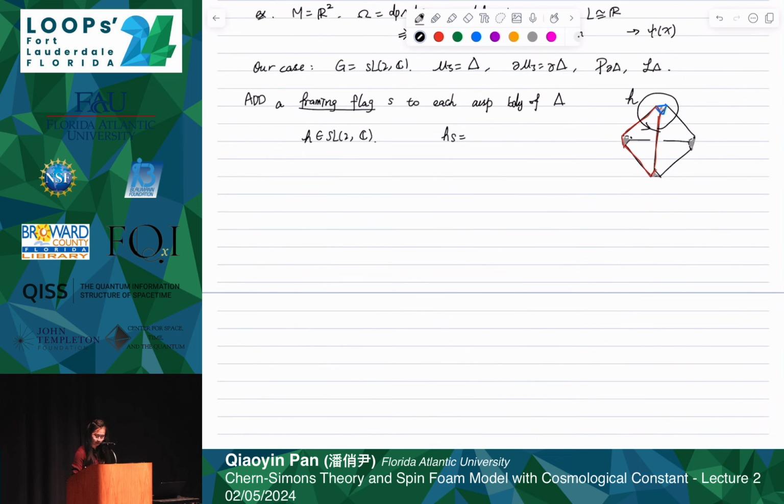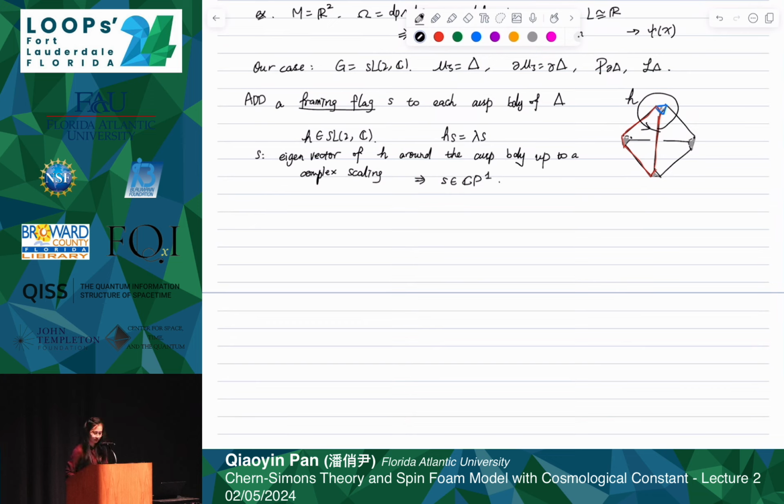The eigenvector satisfies this equation, and the framing flag is defined as the eigenvector of this holonomy around the cusp boundary, up to a complex scaling. So this S takes a value in CP1.